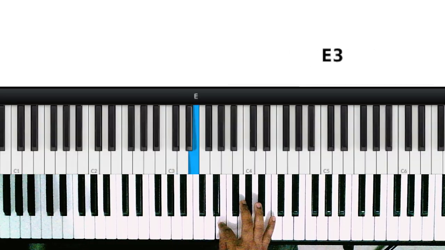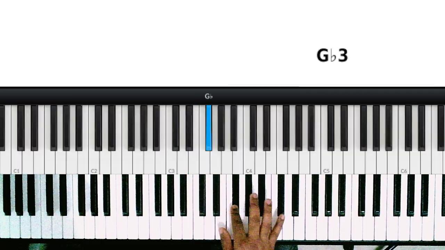This is our D. This is our first tone, E, which is number 2. Our 3 will be F sharp. 3 and 4, tone or semitone, who can guess?